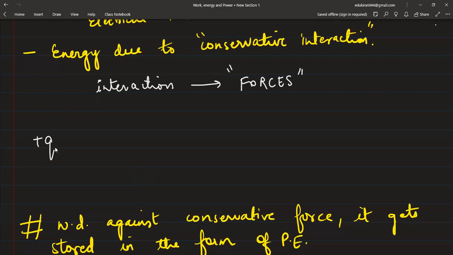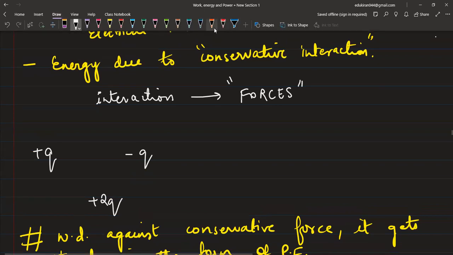Like two charges are present, plus q and minus q. And let's say one more charge I have, plus 2q. So this pair can interact, so there can be one potential energy present. These two can interact, so I'll have one more potential energy. These two can interact, so I'll have three potential energies.